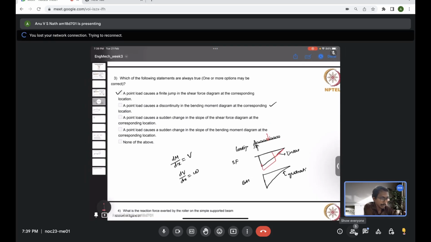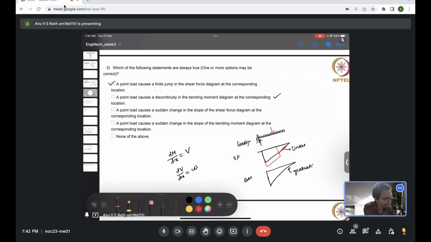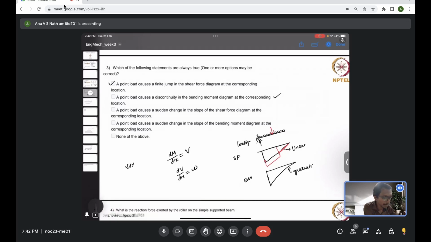What I was saying is, the slope of the bending moment will give the shear force, and the slope of the shear force will give the loading, or in other ways, the integral under the shear force diagram should give the moment, and the integral under the loading diagram will give the shear force.